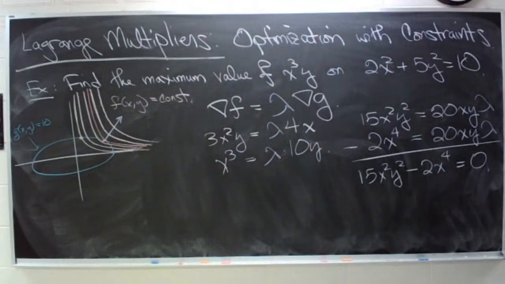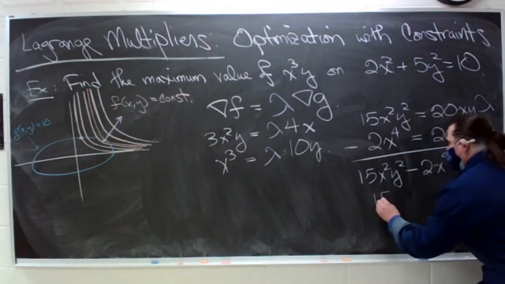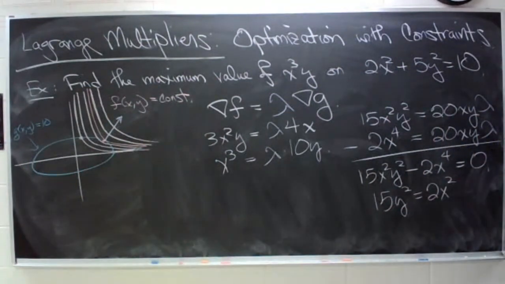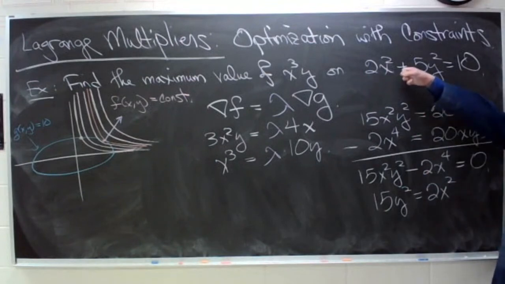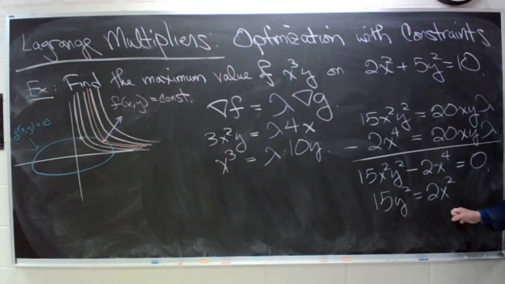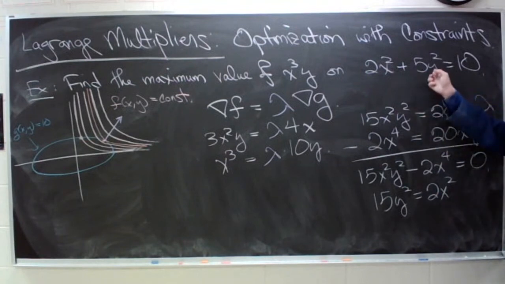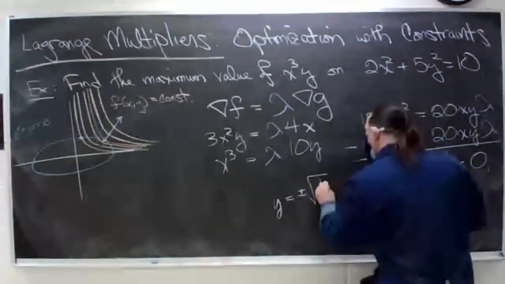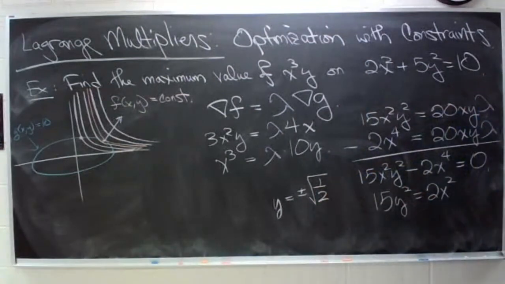Okay? So we're going to have 15y squared equals 2x squared. And now, of course, we'll plug that into the constraint equation. 2x squared equals 15y squared. 15y squared plus 5y squared equals 20y squared. So y is going to be plus or minus the square root of a half.